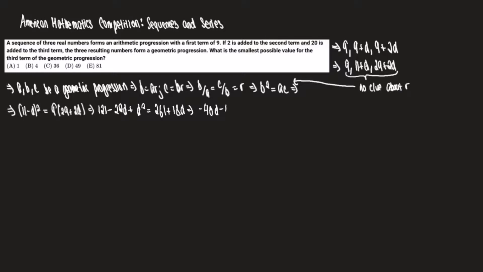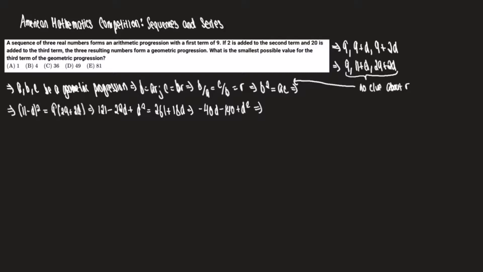So negative 140 plus D squared. All right, that was a lot of arithmetic brain power. So we can divide everything by 20, and maybe some multiple after that. So we get D squared.